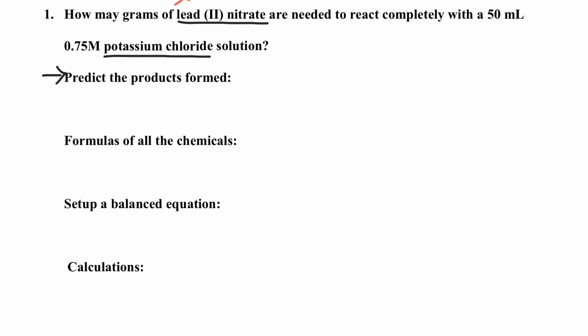See this lead? This is a positive ion. And you see chloride. This is a negative ion. Similarly, you've got potassium, which is positive, and nitrate, which is negative.